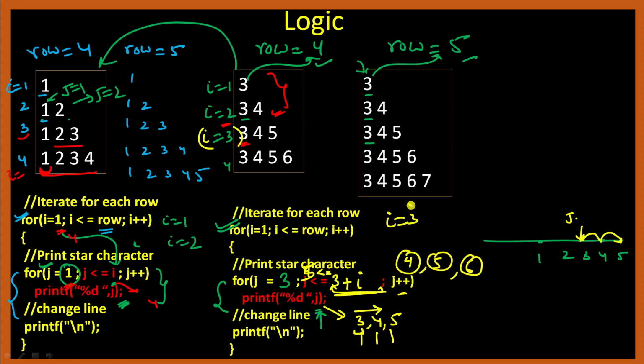So I am saying start from the 3, and then add some steps in it. So 3 plus 3, how much? 3 plus 3 is 6, okay. So if I put 6 here, then you can see j equal to 3 to j less than equal to 6, then it will run for 3 4 5 6, that is it will print how many digits? 4 digits. It will print 6 also, but I do not have to print this 6, okay. First let's run this program and see what is the output.